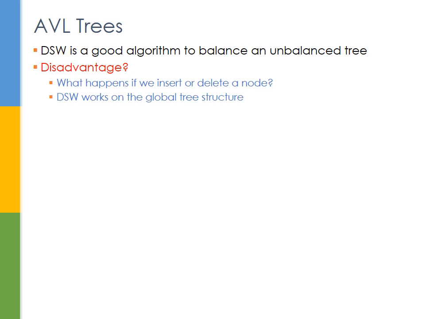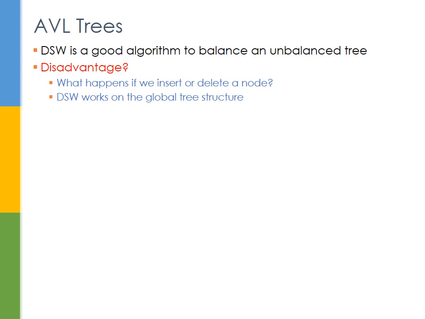So what this means is when we insert a node or delete a node, then the entire tree needs to be rebalanced again, which means we need to re-execute the DSW algorithm on the tree, which means we once again have to create a linearized backbone, and then we again need to perform left rotations in order to create a perfectly balanced tree.